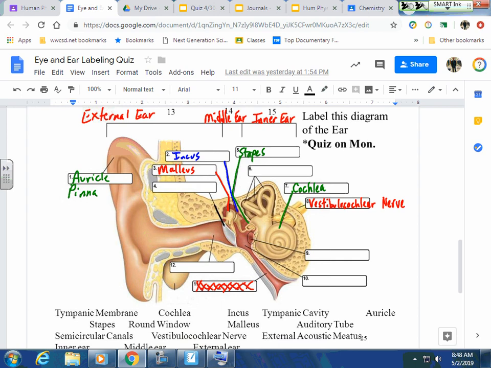So that's this. Sound vibrations rattle against that. And then we have 15 is the external auditory canal, which on here they call the external acoustic meatus.